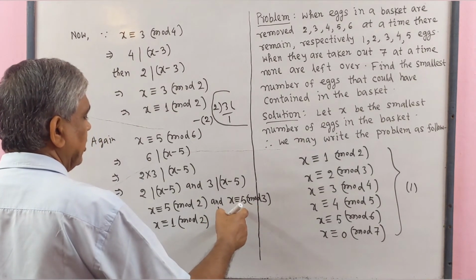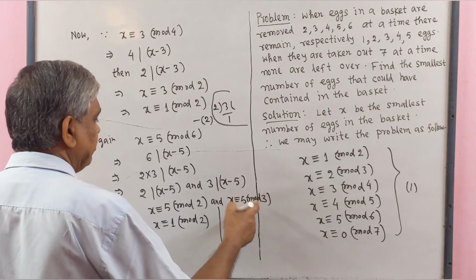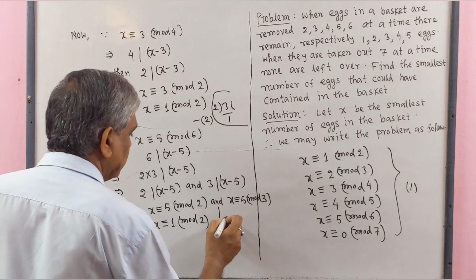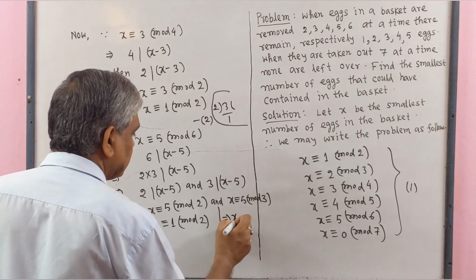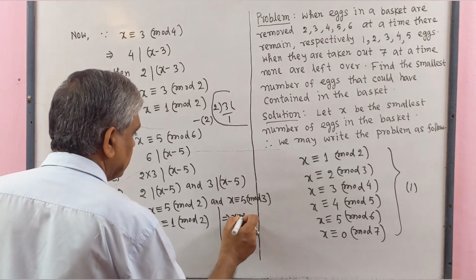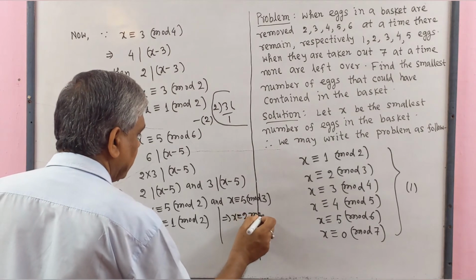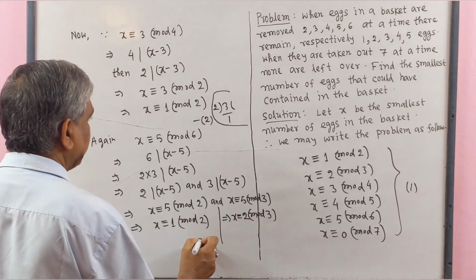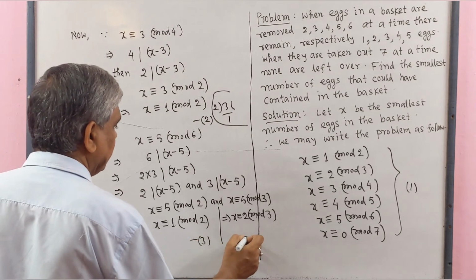Since 5 is greater than 3, if we divide 5 by 3, we get remainder 2. So we may write this as x is congruent to 2 modulo 3. Let this be number 3 and this be number 4.